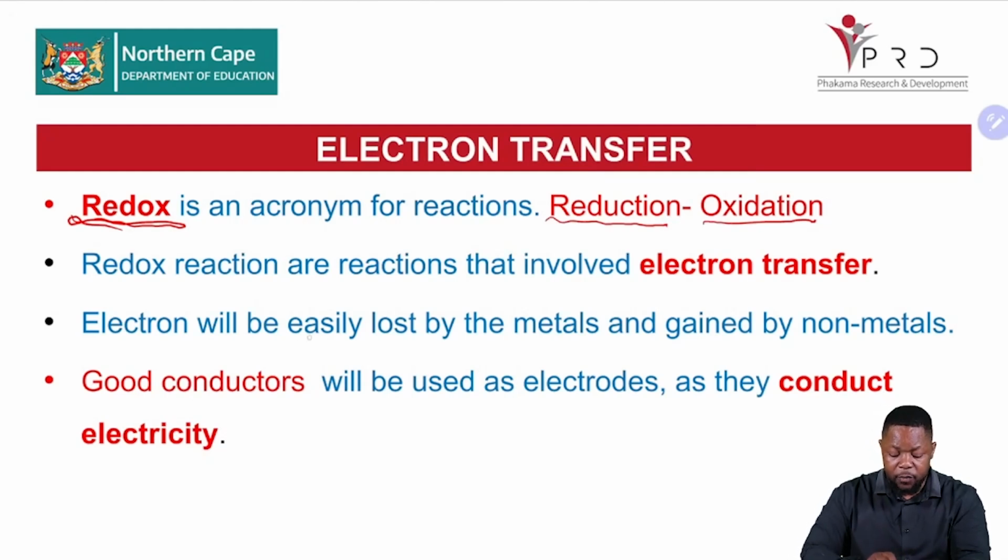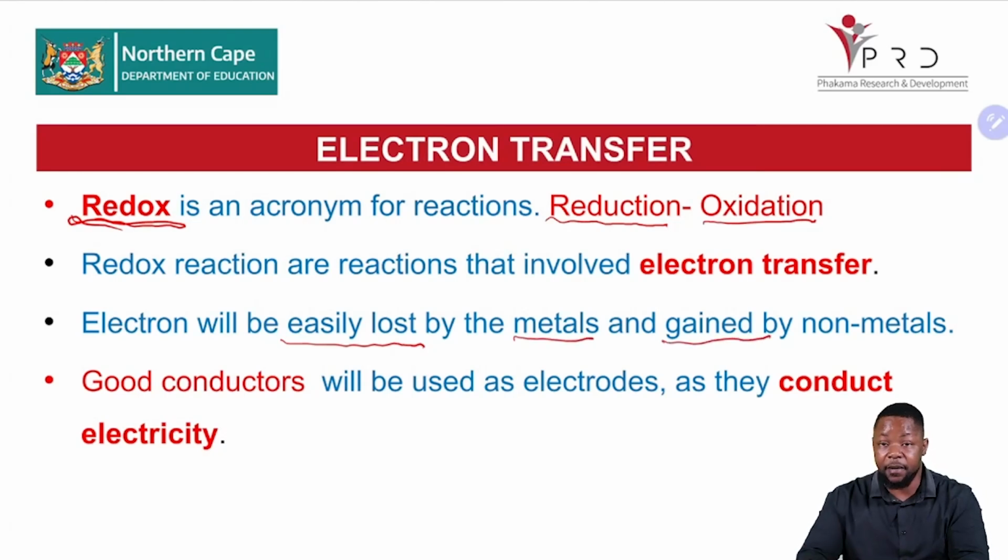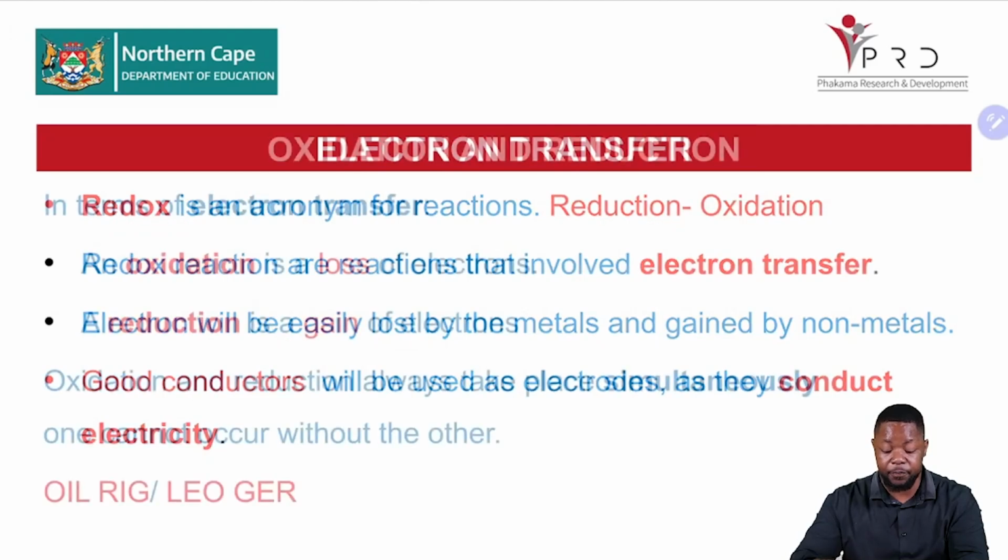Electrons will easily be lost by metals and gained by non-metals, which is very important as we proceed with the lesson. Metals have excess electrons which are delocalized, and because of that, the metals will easily lose electrons, and the non-metals will easily gain electrons. Metals are good conductors of electricity because of these free, delocalized electrons which they possess.